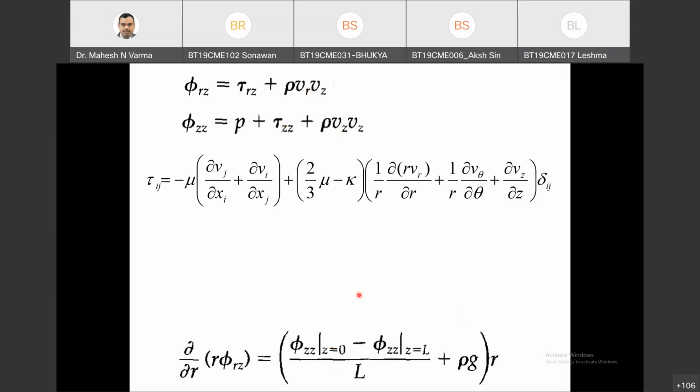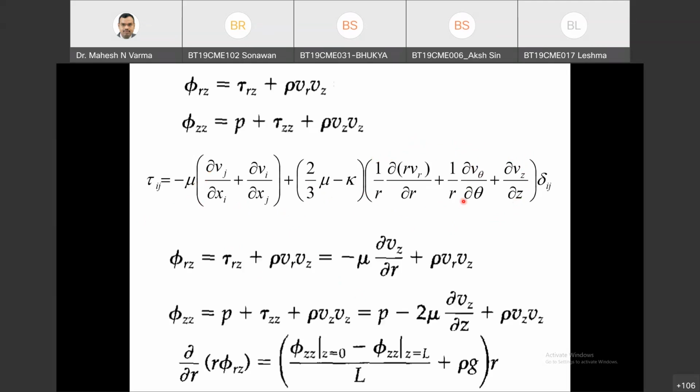So I'm using the definition of generalized Newton's law of viscosity. This is generalized Newton's law of viscosity for cylindrical coordinate system. Okay, so rearranging, substituting everything.